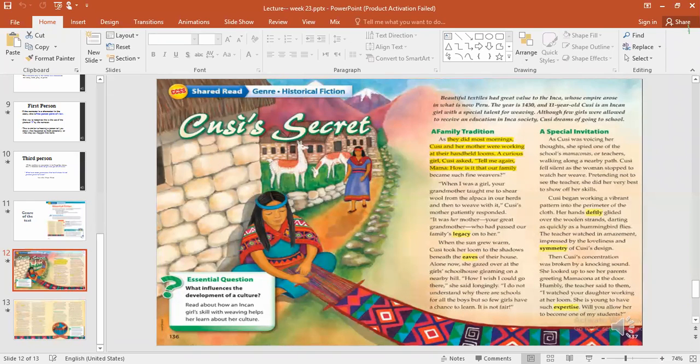After she saw her talent in weaving, knitting, she asked her parents to allow her to come to school and to be a student, because as we said, people a very long time ago were against girls going to school. So there were schools for boys only and not for girls, or few schools were for girls and many were for boys. Okay? Done. So now let's move to the second page.